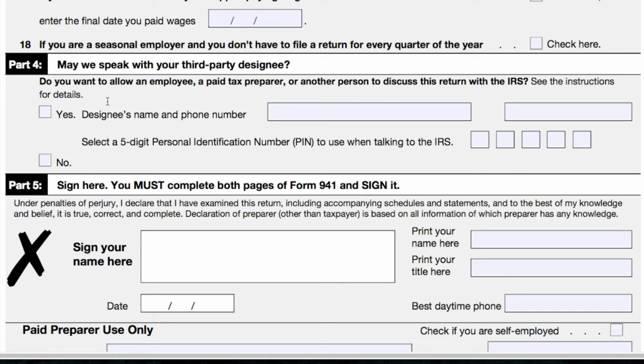In Part 4, you need to indicate if you'd like to allow your tax preparer, lawyer, or another third party to discuss your form with the IRS. In this example, I'm going to assume that the CEO of ABC Bakery personally filled out this form, so there's no need to allow another person to discuss the form with the IRS.